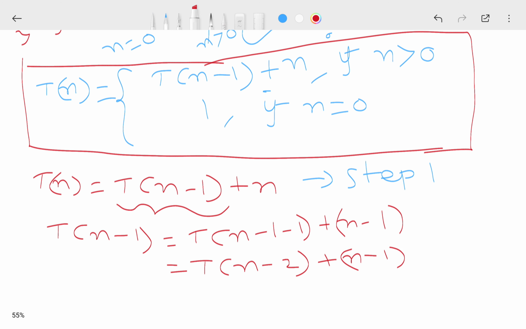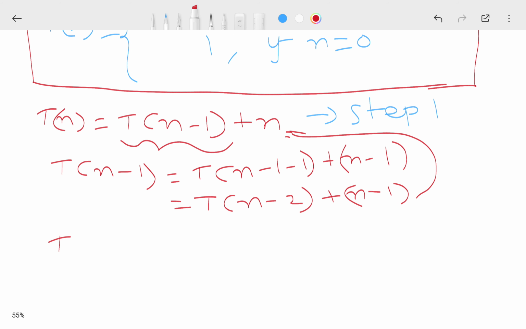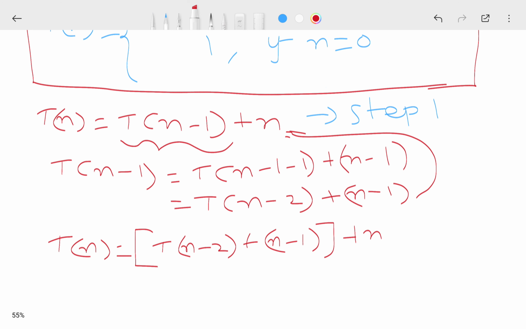So substitute this in step 1. So now T of n equal to T of n minus 2 plus n minus 1 plus n. So this is equal to T of n minus 2 plus n plus n minus 1.